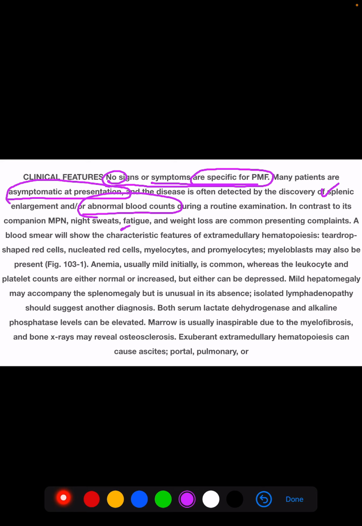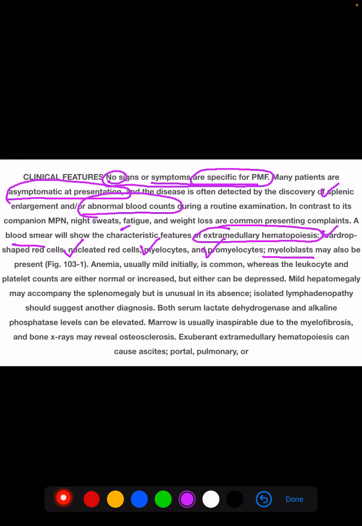If we see the blood smear, it will show the characteristic features of extramedullary hematopoiesis. So what are these features? There will be teardrop cells, nucleated red cells, myelocytes, promyelocytes, and myeloblasts may also be present.